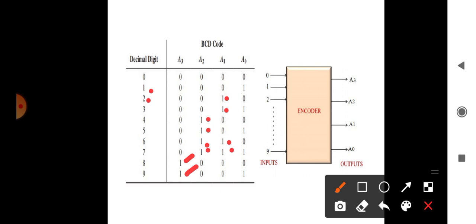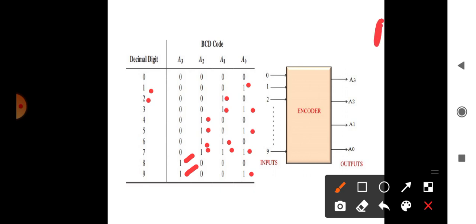Similarly for A0 also it will be high for 1, 3, 5, 7 and 9. What they do is they OR, that means add, all these inputs to get the particular output.